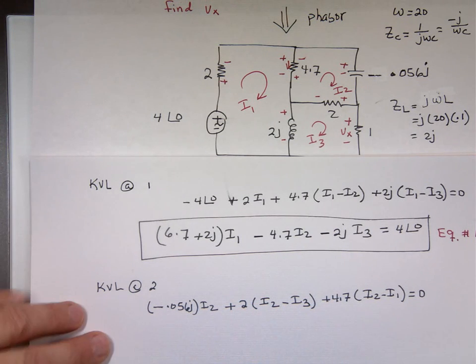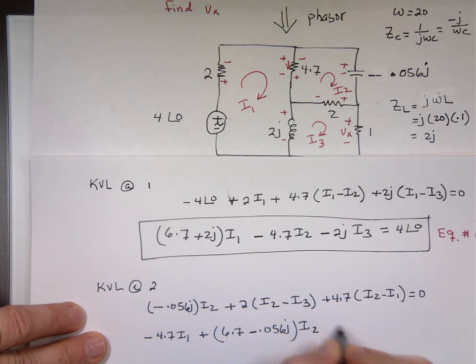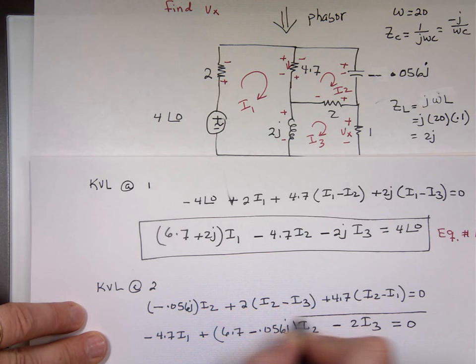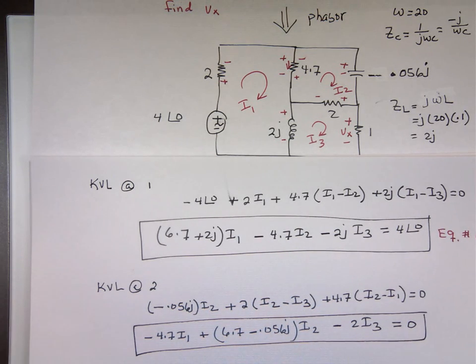If we clean that equation, negative 4.7 I sub 1 plus 6.7 minus 0.056j I sub 2 minus 2 I sub 3 is equal to 0. So if I added all the like terms, hopefully I did them correctly. That's my second equation.